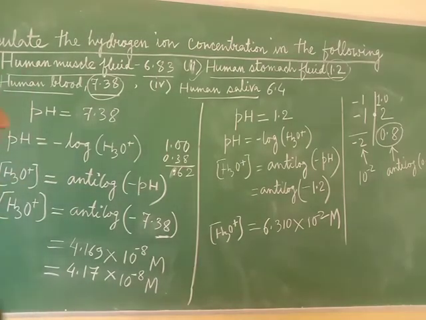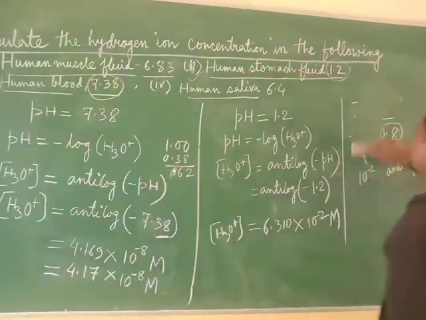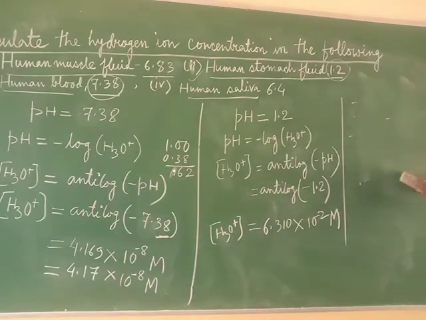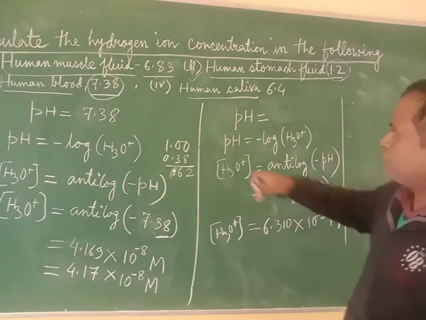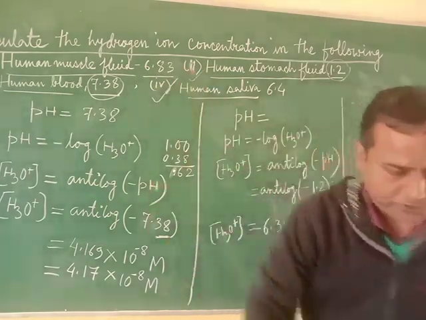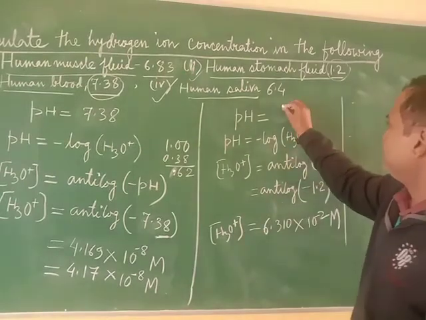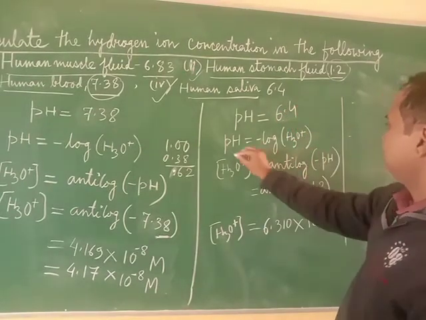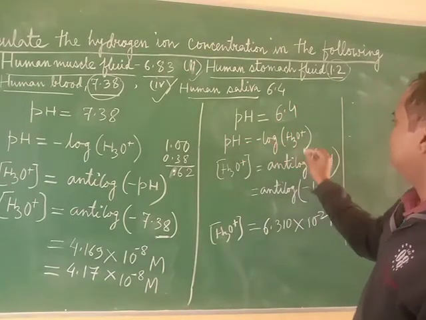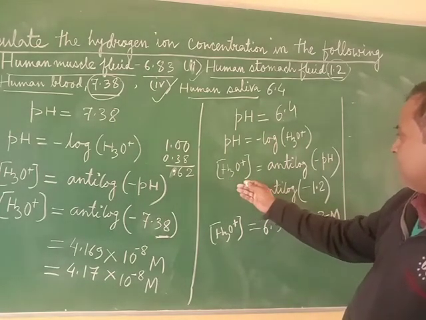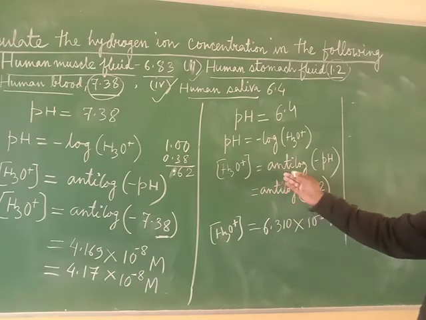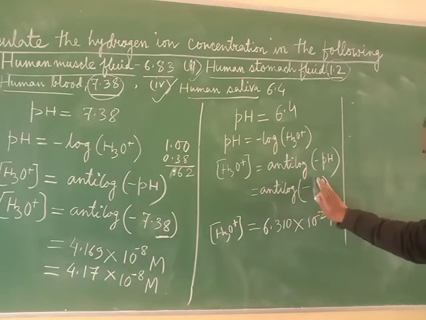Now let's move on to the last question, that is a sample of human saliva whose pH is 6.4. So pH is 6.4. Simply write it as 6.4. Same, pH is equal to minus log of hydronium ion concentration. So we can write directly hydronium ion concentration is equal to anti-log of minus pH. Here you change the value to 6.4.